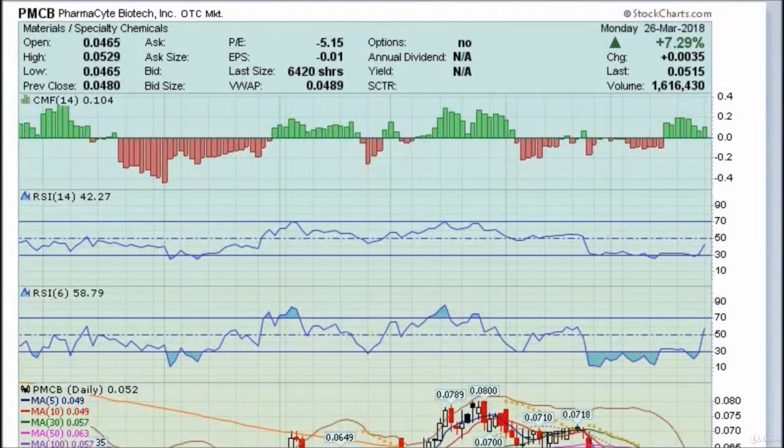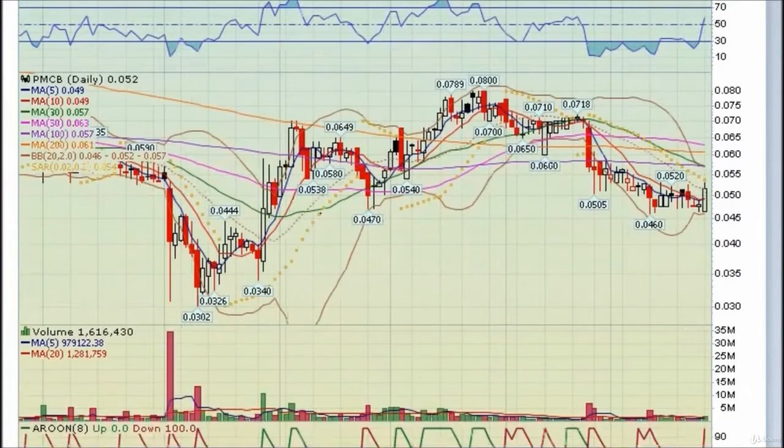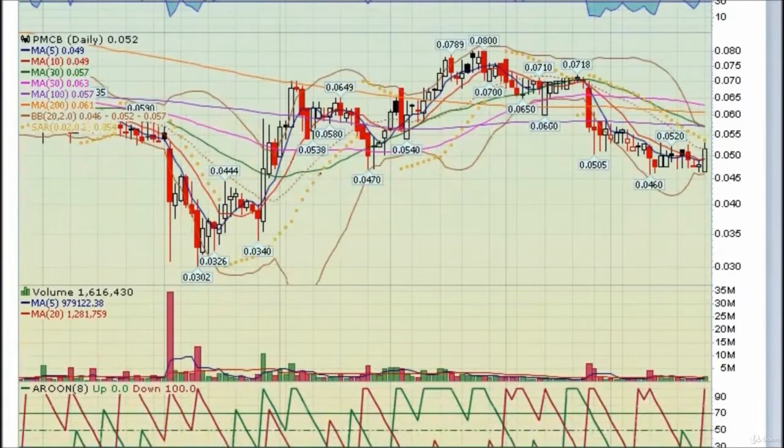When I first started learning all about technical indicators in the late 1990s, this is how I used to set up my charts. I would have the full quote at the top, Chaikin money flow, 2 RSIs. Then in the candlestick area, I would have a number of different moving averages, Bollinger Bands, and the parabolic SAR. Below that was the most important indicator, which is volume, and I like to keep that right next to the candlesticks.